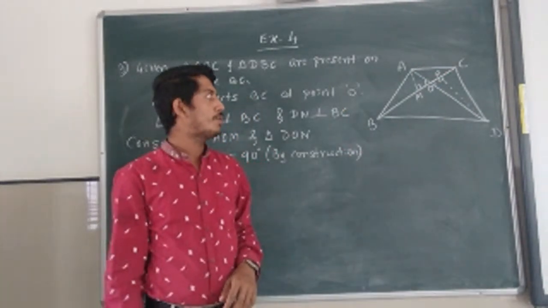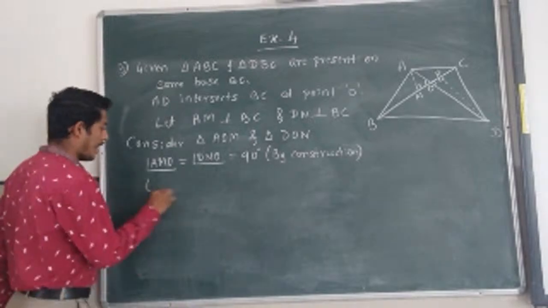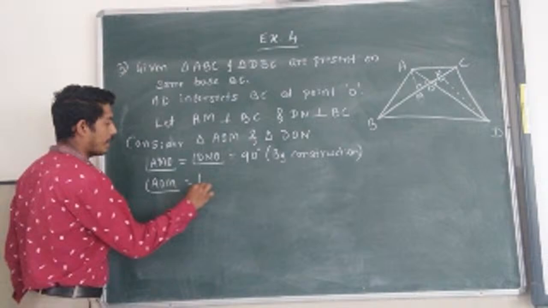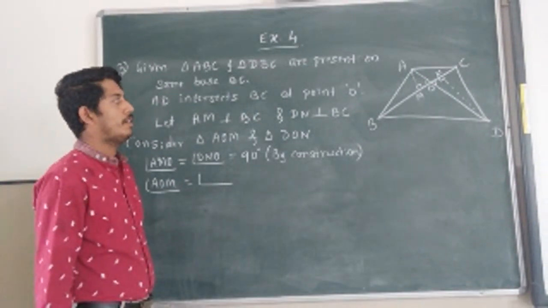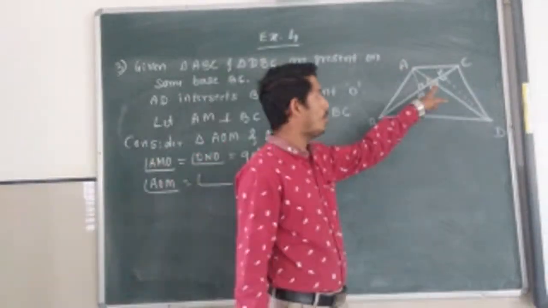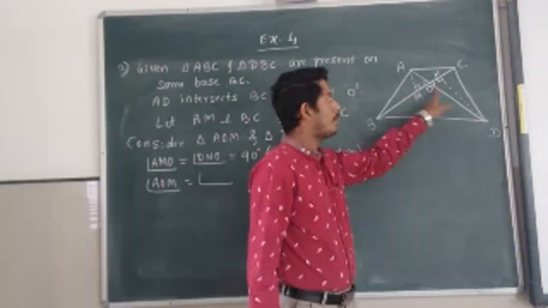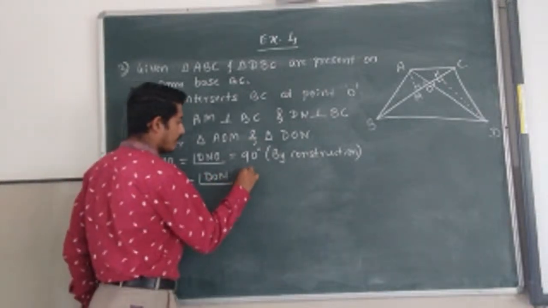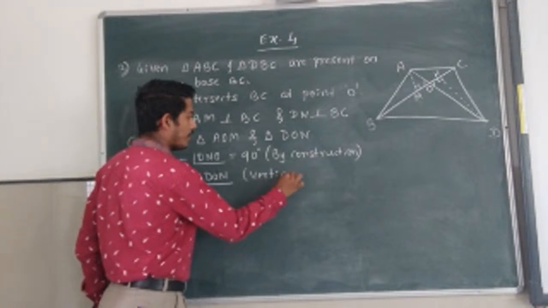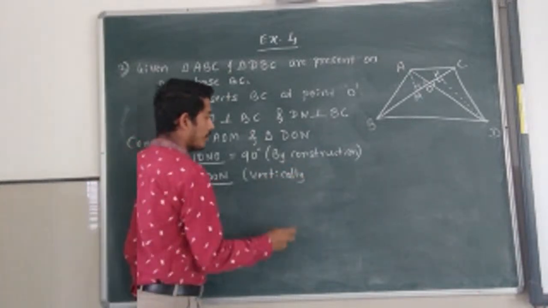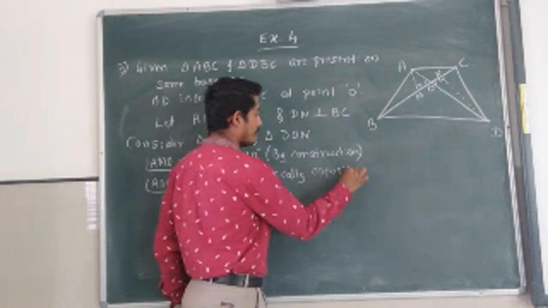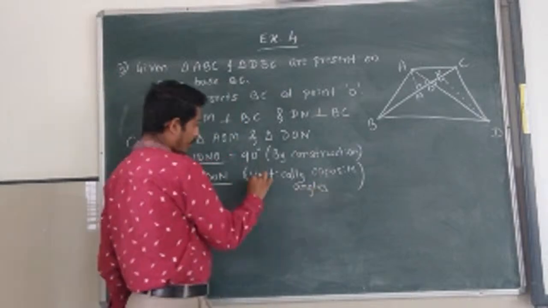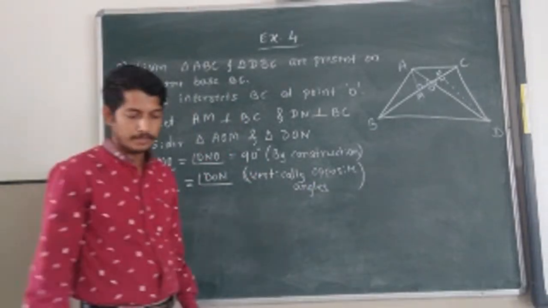That's why angle AOM equals angle DON. The reason is vertically opposite angles.